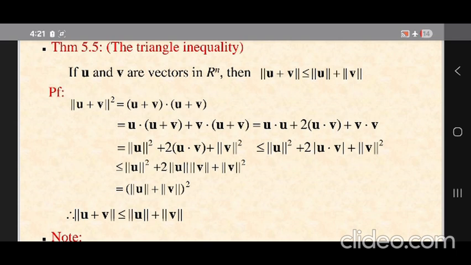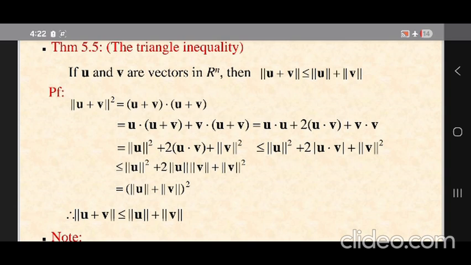Apply this condition: u dot u plus 2 u dot v plus v dot v. Then u dot u equals norm u squared and v dot v is norm v squared. So we have norm u squared plus 2 u dot v plus norm v squared. The value u dot v is less than or equal to its modulus, so this is less than or equal to norm u squared plus 2 times modulus of u dot v plus norm v squared.